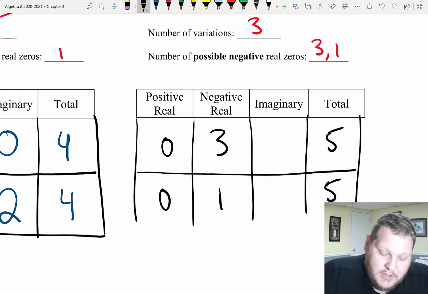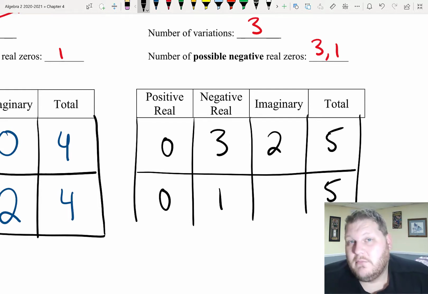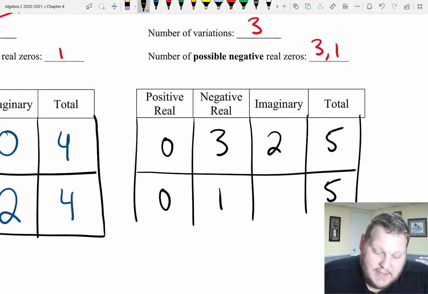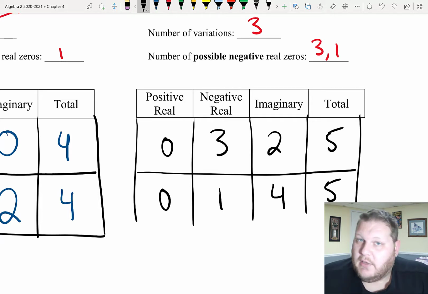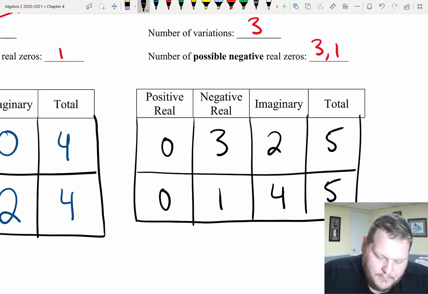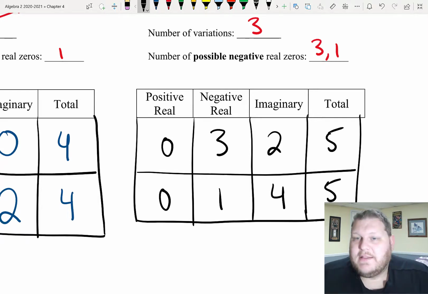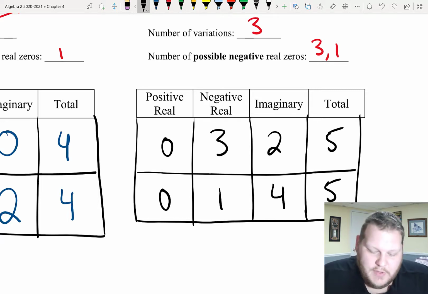So option 1 could be all 3 negatives are there, which means I have to have 2 imaginary. If it is the case where I have only 1 negative zero, then I would have to have 4 imaginaries to get to that total that I need.